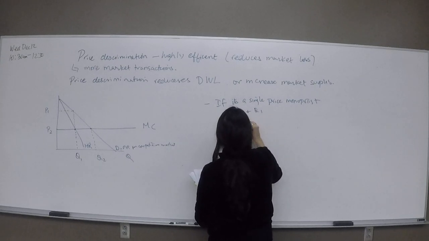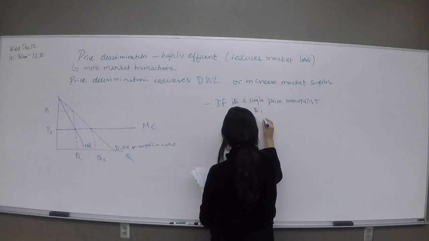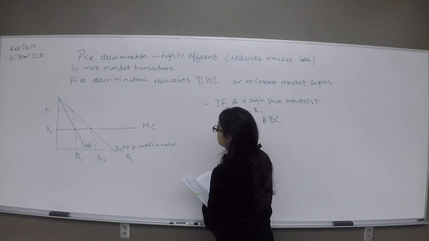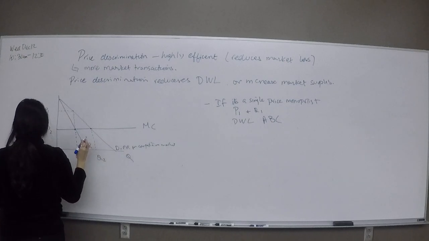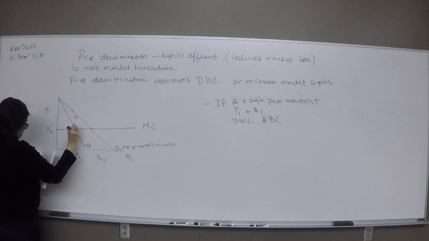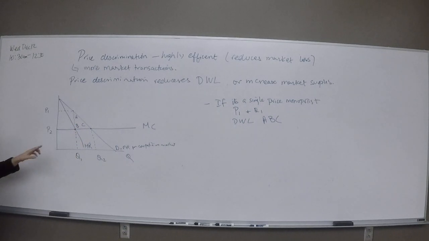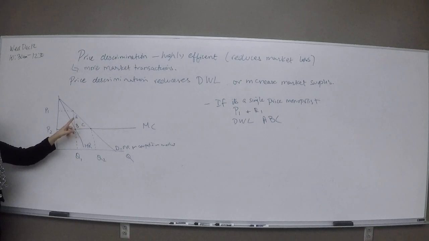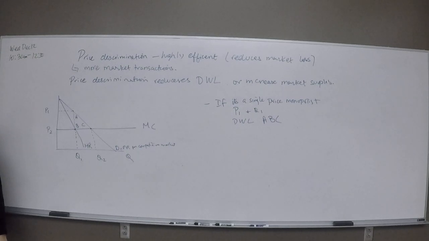The deadweight loss area is A, B, C. We'll call this A, B, and C. If it's a monopolist, they're producing this much, charging this much, this whole triangle ABC has become a loss. Why is it a loss? Because people are not able to buy at that higher price. So this is a market loss.